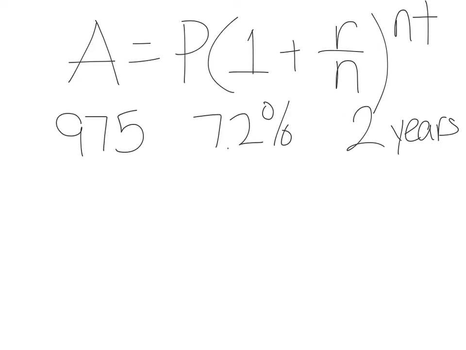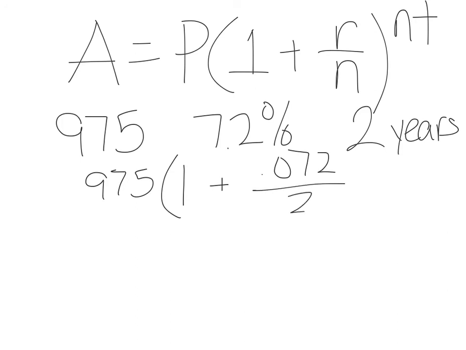All right, now here is one other compound interest one, except this time the directions on this, number 29 in your book, say that it's compounded twice a year, and that's what the n is. This is the number of times per year it's compounded. So that's 2, and it's also doing it for 2 years. So let's see how that looks. So that means we have 975, and then it's 1 plus, and the rate is 0.072, right? 7.2%, 0.072.